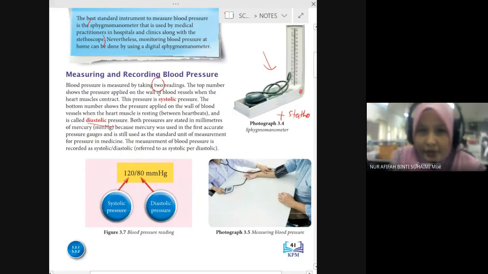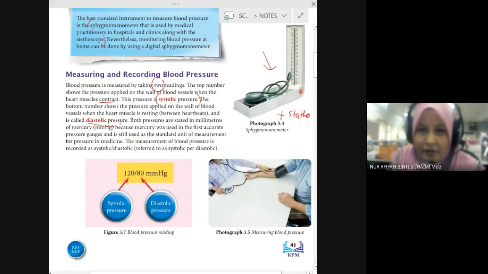Systolic pressure means the pressure applied by the wall of the blood vessel when our heart contracts, when the heart muscles are contracting.